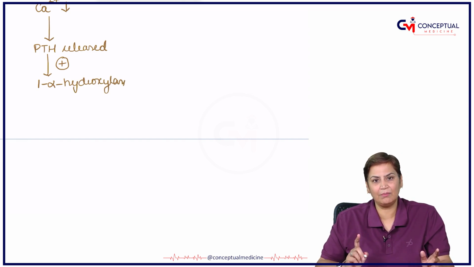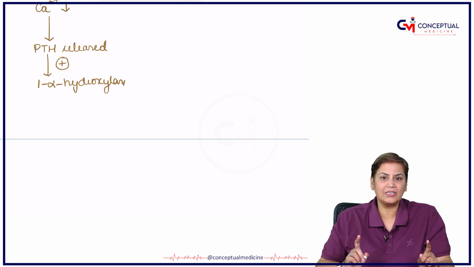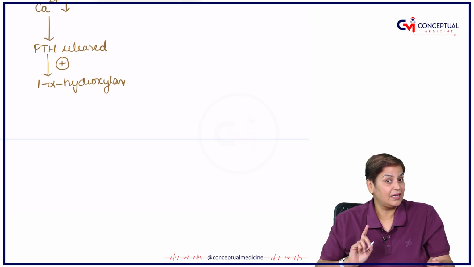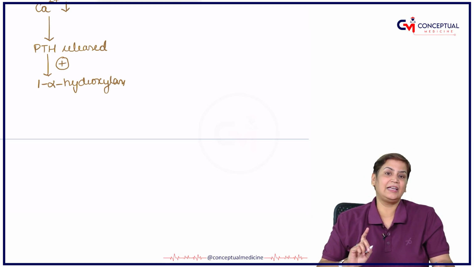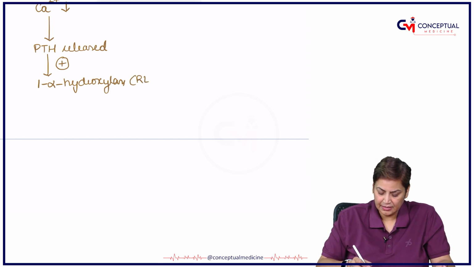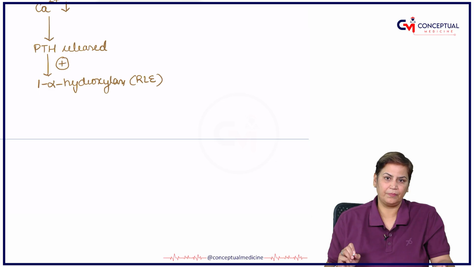Always keep one thing in mind. 1-alpha-hydroxylase is always for calcium, or you can say vitamin D, and 7-alpha-hydroxylase is for the formation of bile acids. 7-alpha-hydroxylase is the rate limiting enzyme of bile acid synthesis, whereas 1-alpha-hydroxylase is the rate limiting enzyme also of vitamin D.